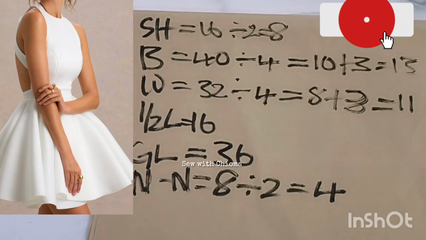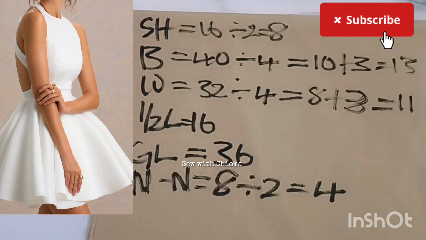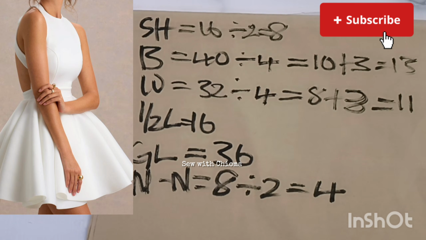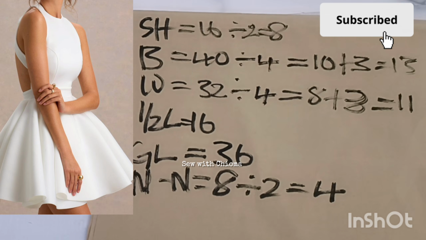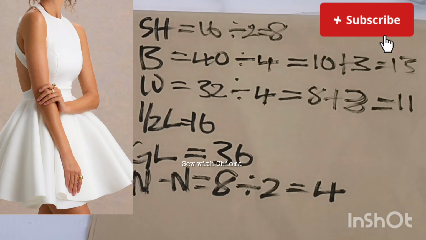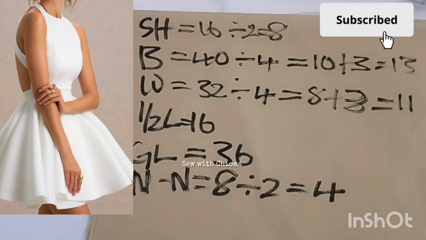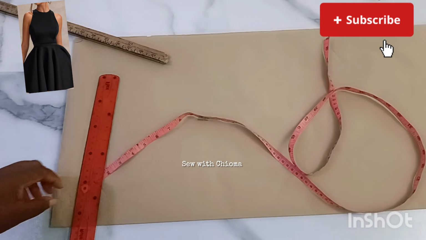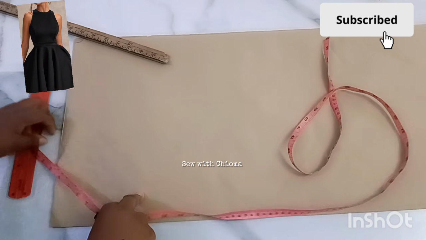And the half length of this dress is 16. The gown length is 36. And nipple to nipple is 8 divided by 2 gives us 4. We will be adding half an inch to the nipple to nipple when marking. So this is the calculation. There's not much on this dress, just that it has a dart, a princess dart.